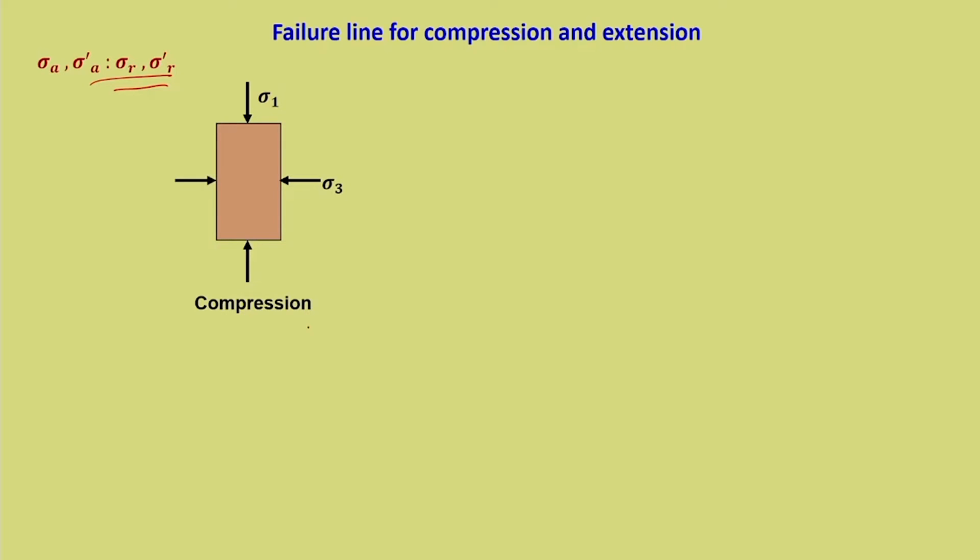Here is a typical case of compression, the triaxial compression that we generally do in the lab. Sigma 1 is the major principal stress, and sigma 3 is the minor principal stress, the confining stress. Here both are compression, but this is a case of extension. Why? Here sigma 1 is major and sigma 3 is minor.